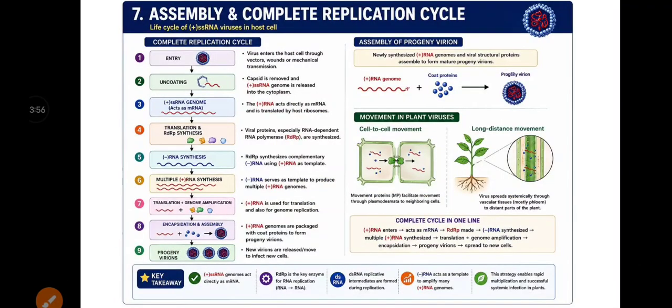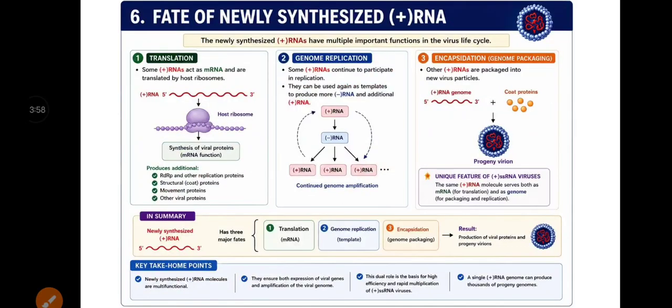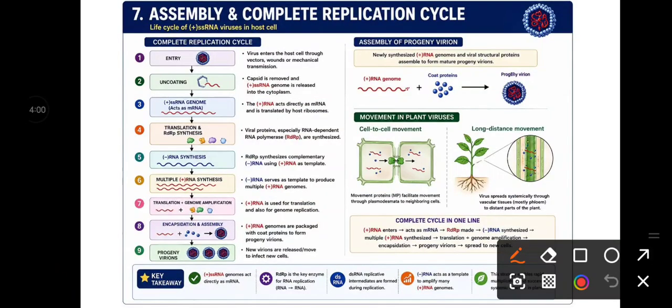Okay, this thing I have already told. First, virus will enter into the host cell. After entering the host, it will degrade its coat protein. So coat protein will be removed and only the single stranded RNA genome will be released into the cytoplasm. Then this single stranded genome will directly act as mRNA by hijacking the host ribosome.